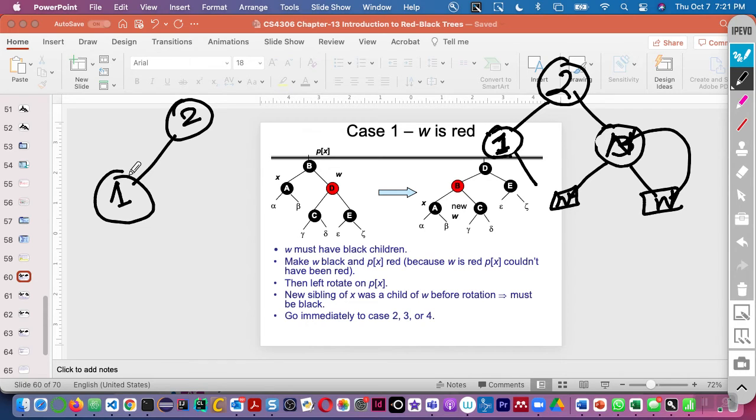Yeah. So this path has 2 blacks, 1 and 2, and this path has black only 1. But there's no leaf there. Huh? There is. It has empty nil. It has nil.